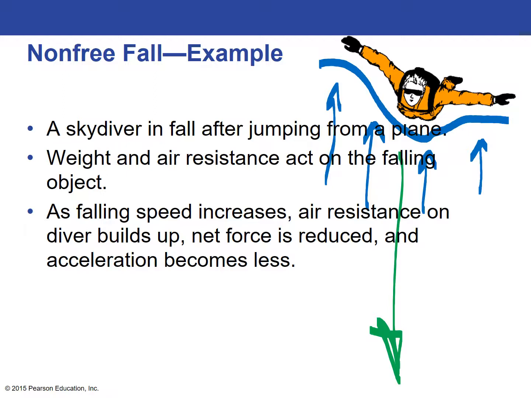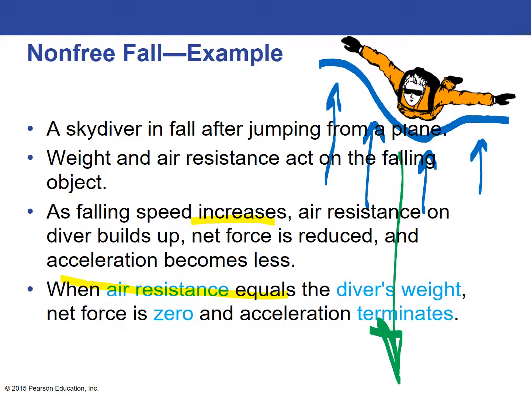As the falling speed increases, air resistance builds up, our net force becomes 0, and acceleration becomes less. When acceleration goes all the way to 0, that's when we call it a terminal velocity, a terminal speed.